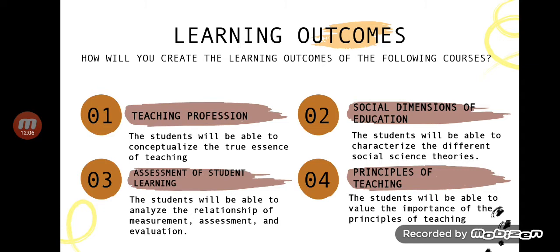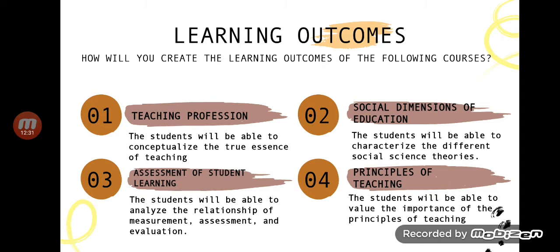For assessment of student learning, the students will be able to analyze the relationship of measurement, assessment, and evaluation. So our verb is analyze. And for the principles of teaching, the students will be able to value the importance of the principles of teaching.